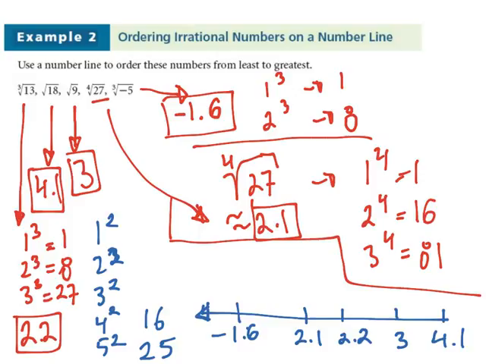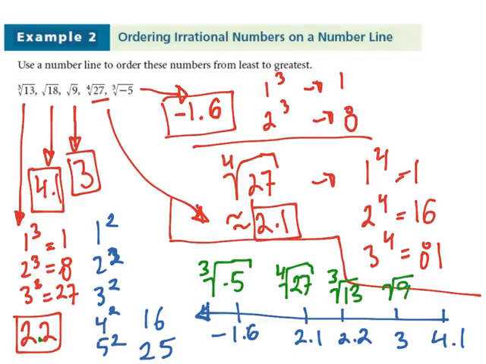So the first one was cube root of negative 5. 2.1 was 27 to the root 4. 2.2 was cube root 13. 3 was square root 9, and 4.1 was root 18.